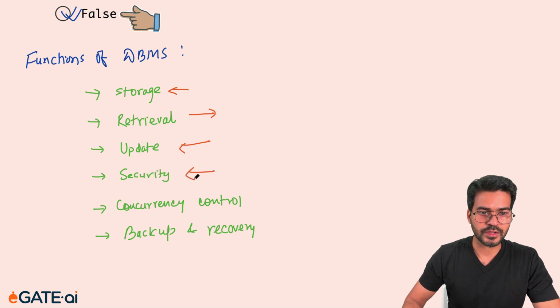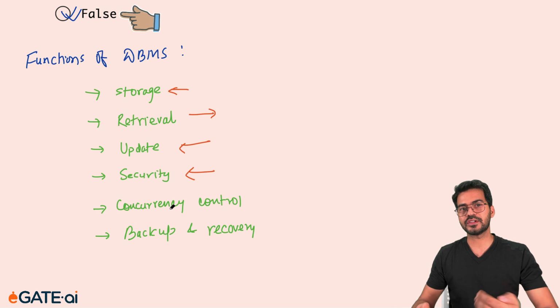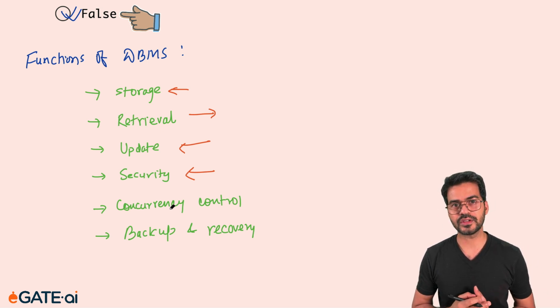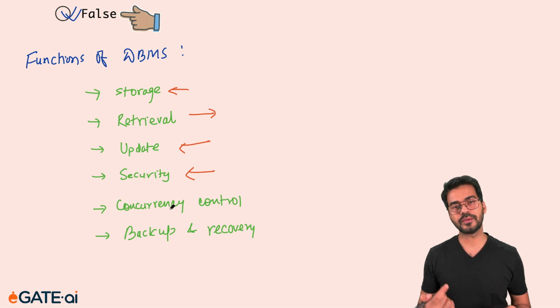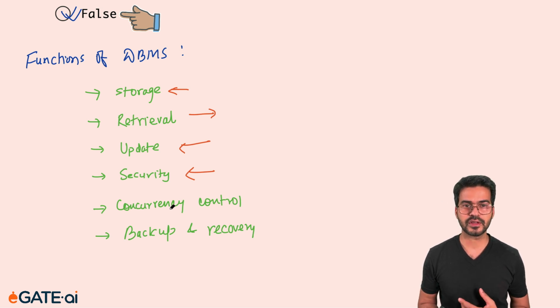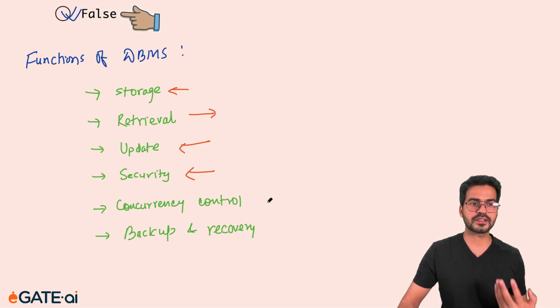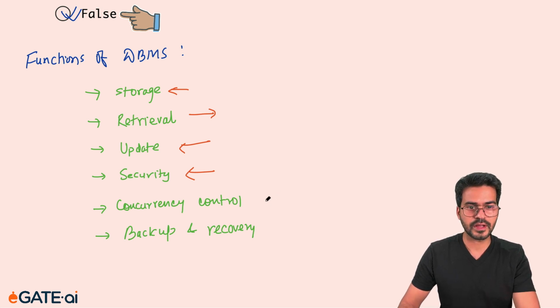Security is a feature which you would like your database management system to have. Let's say you should be able to define the users, and you should be able to control the user permissions. These are the things you'd expect, and this is a function of a database management system.